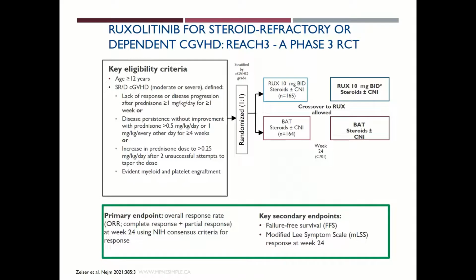The primary time point for assessment was week 24, and after that point, patients not responding to best available therapy were able to cross over to ruxolitinib. The primary endpoint of the study was overall response rate at week 24 using NIH consensus criteria.